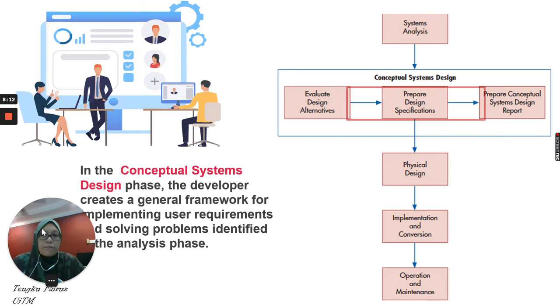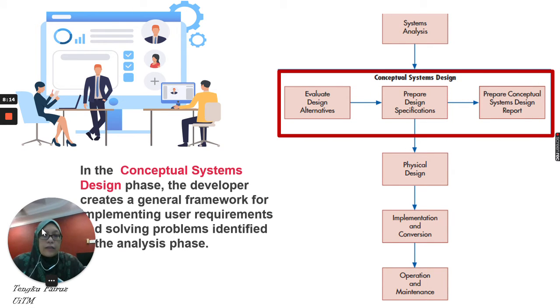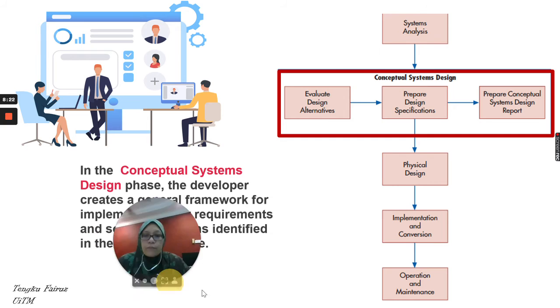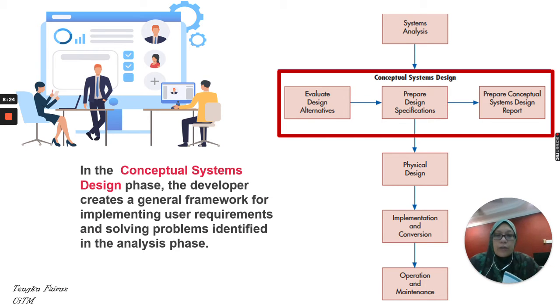Okay, so we start with learning objective number 1, to discuss the conceptual system design process and the activities involved in this phase. Since this is the second phase after system analysis, in the conceptual system design the developer creates the general framework. That general framework can implement the user requirement and also solve problems identified in the analysis phase.